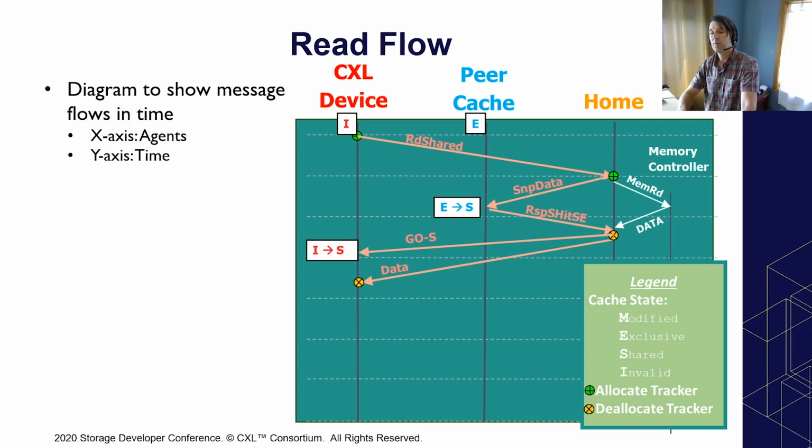Once the home has gotten both the data and the snoop responses, it will send the data back to the CXL device, and it also includes a separate response message that's a Go-S state. So it's basically saying that you have shared state and global observation of that data available, and that allows the CXL device to transition its cache to shared state. Go-S is the shared indication.